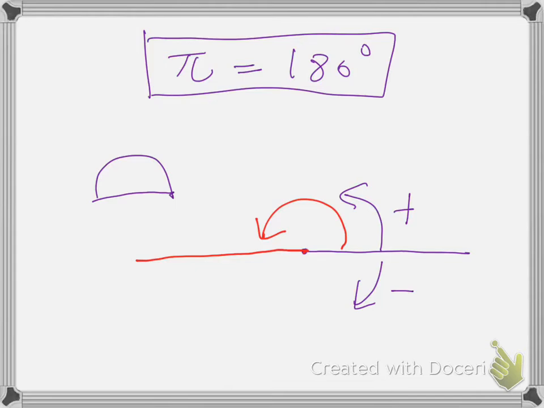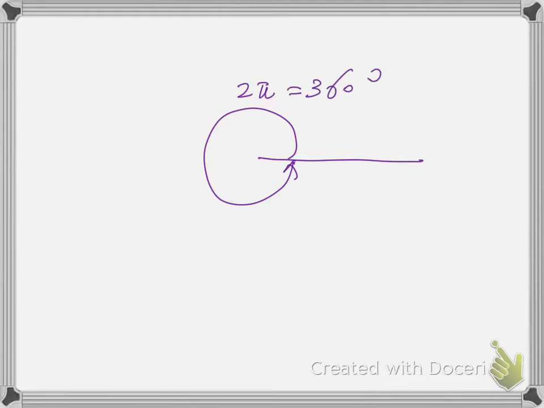In radian measure, this is pi. In degree measure, that's 180. If you start from here and rotate back, you have a full rotation, which means two half circles. In radian measure, that's 2 pi. In degree measure, that's 360.